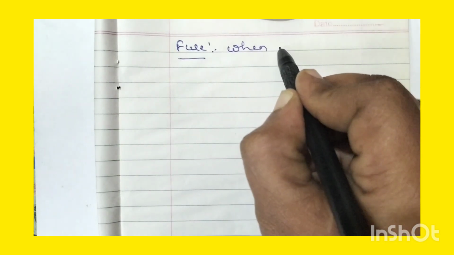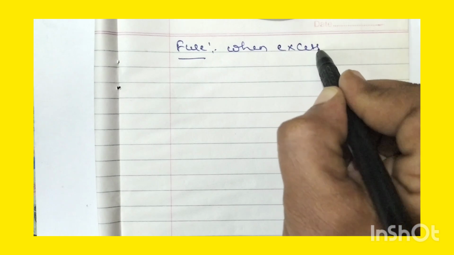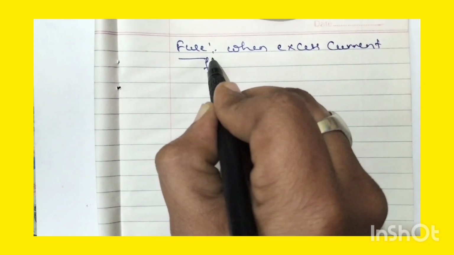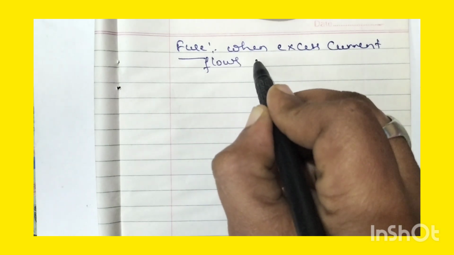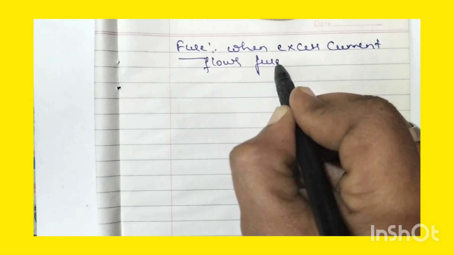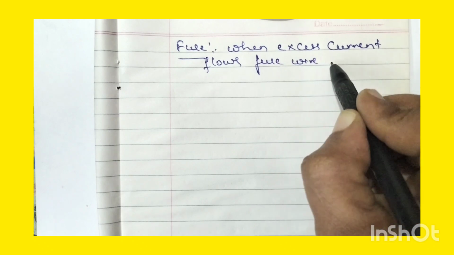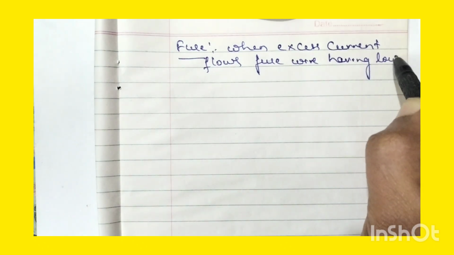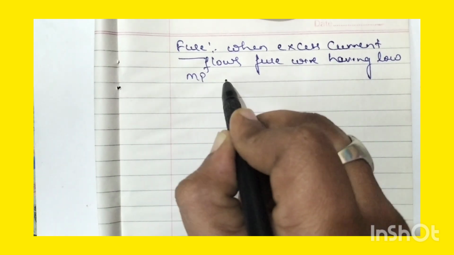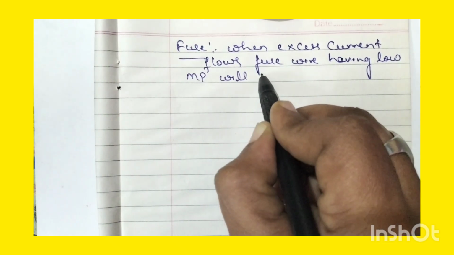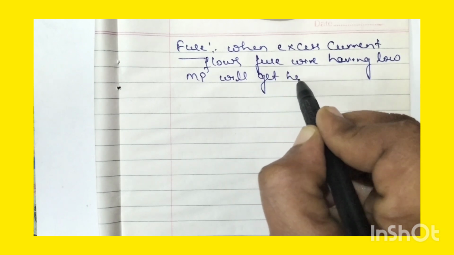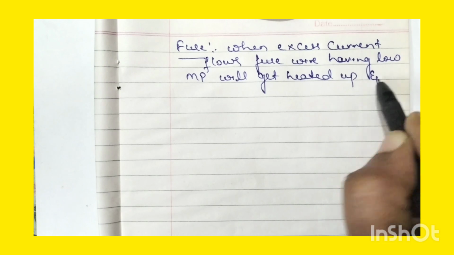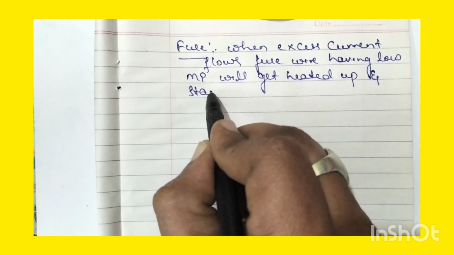When excess current flows, the fuse wire having a low melting point will get heated up and start to melt.